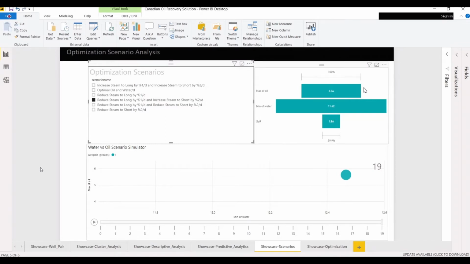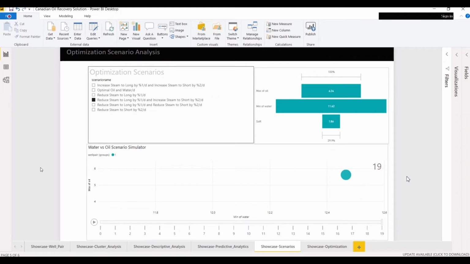On the top right, you're seeing the result of this particular scenario to maximize oil production, which in this case is in cubes. So 6.24 cubes per hour is what will result from this well based on this particular scenario. Minimizing the water production will be 11.62 cubes per hour.